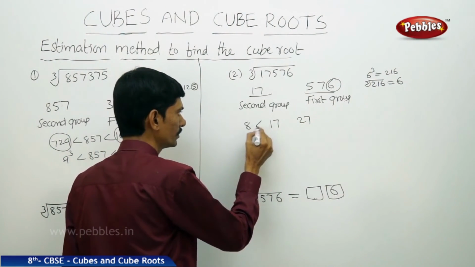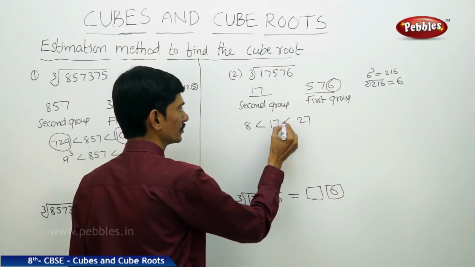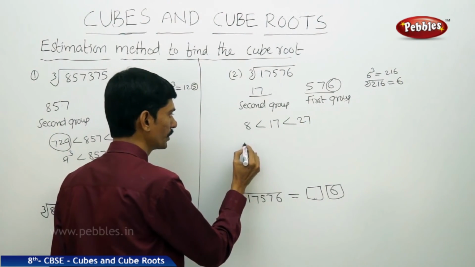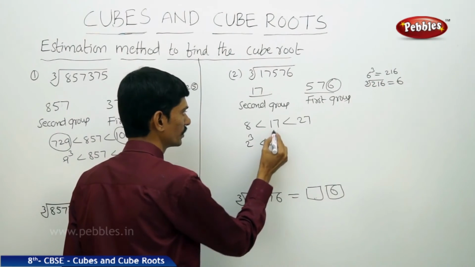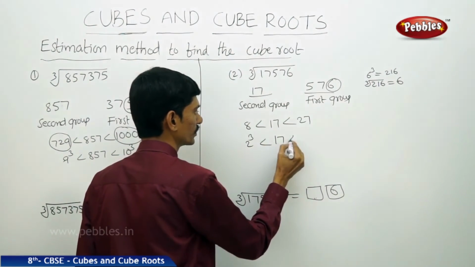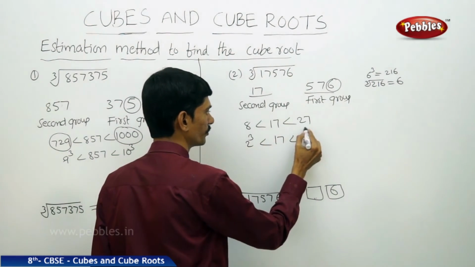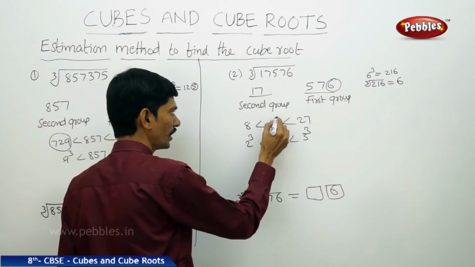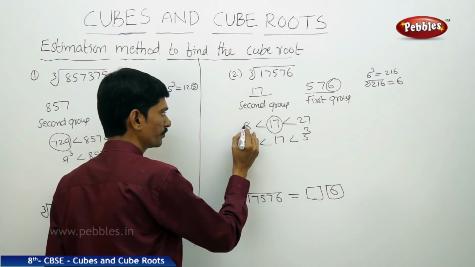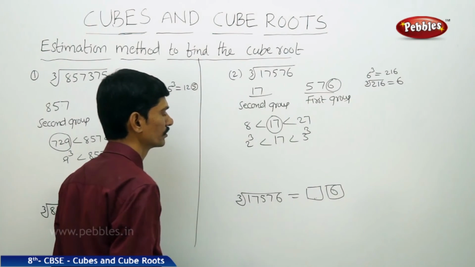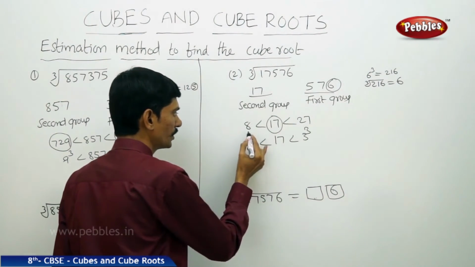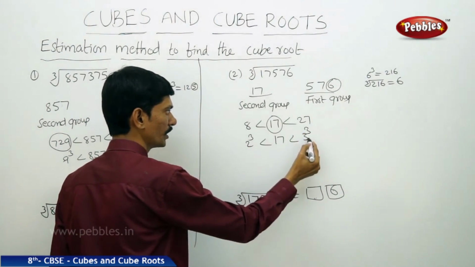So 8 is less than 17, which is less than 27. 8 can be written as 2 cubed and 27 can be written as 3 cubed.